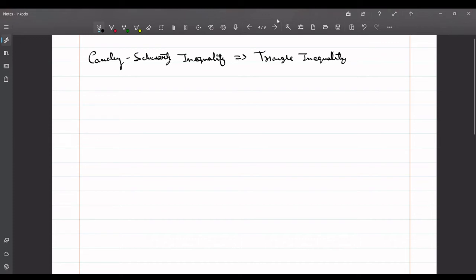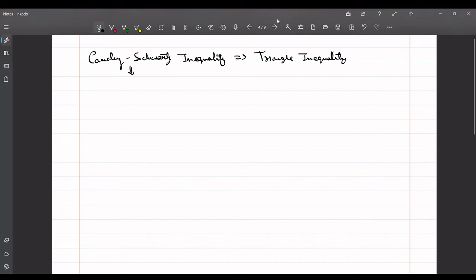I'm just giving you the statement of the Cauchy-Schwarz inequality, so you can keep that in mind. Suppose you have an inner product space, or a normed linear space.